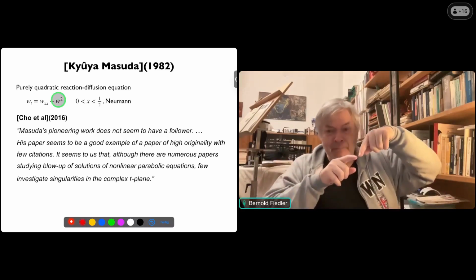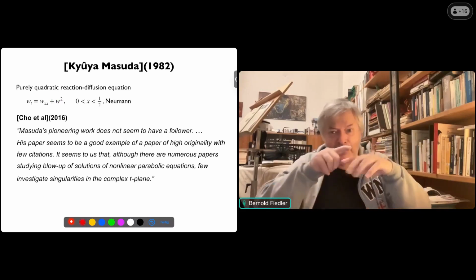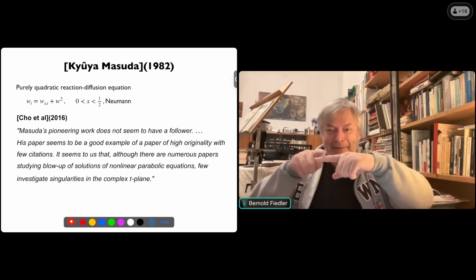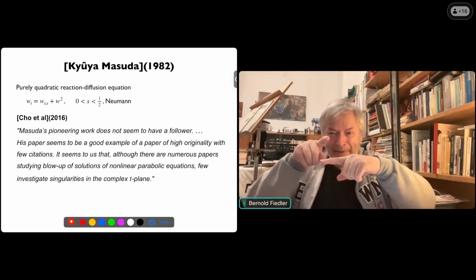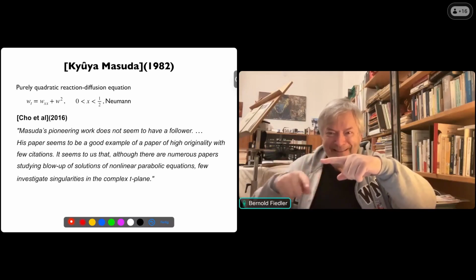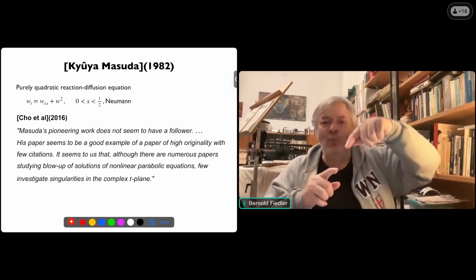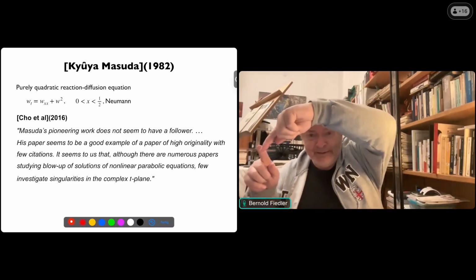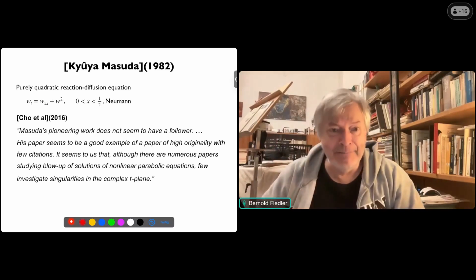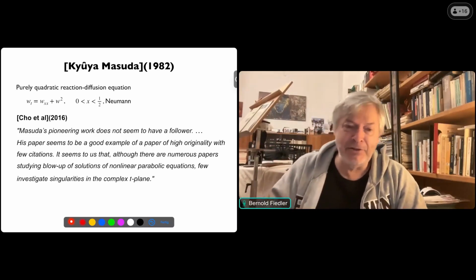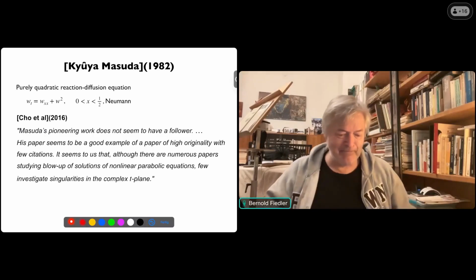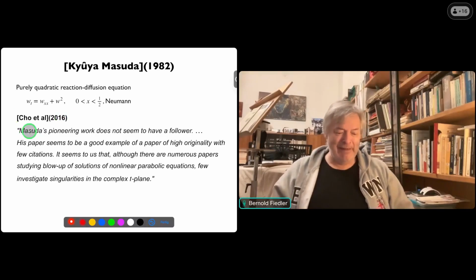However, you can circumvent real-time blow-up time in the positive imaginary part and in the negative imaginary part. And these two solutions you can rejoin on the real axis, but they never agree, except in the spatially homogeneous case. Now, Cho and others comment, this is very nice. I think I want to read this to you.